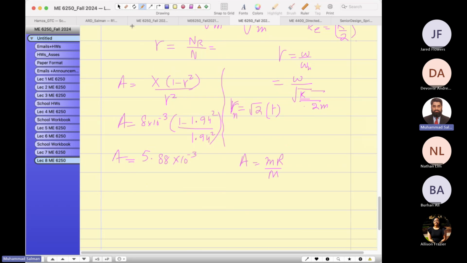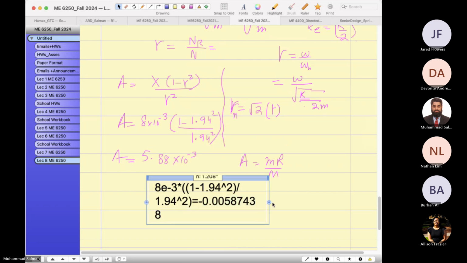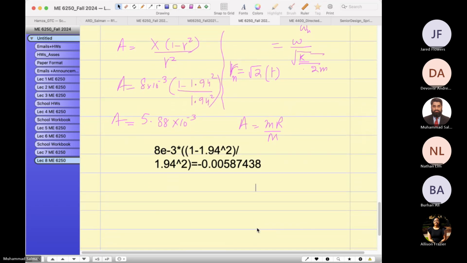So let me check it on my computer. 8 times 10 to the negative 3 times 1 minus 1.94 square. Since it's a mod, you have to take the positive value.